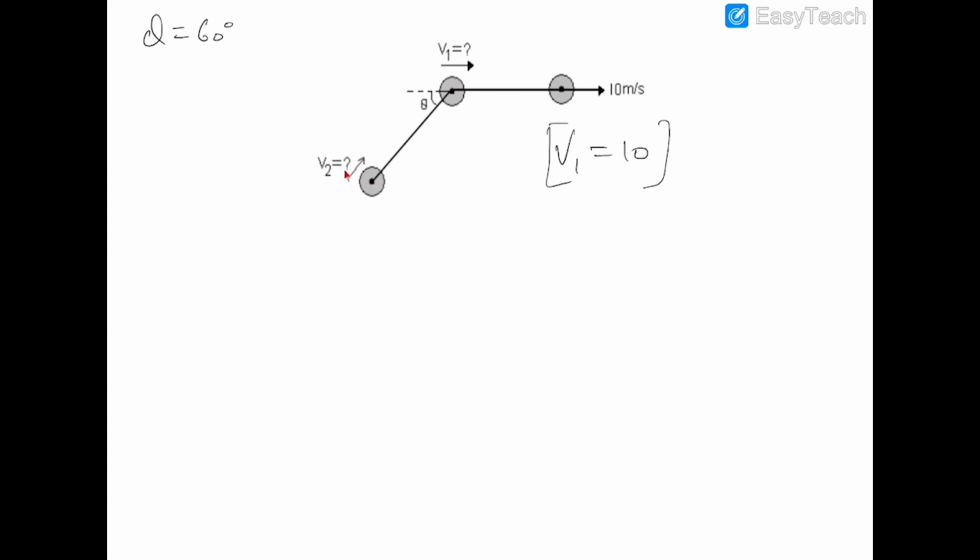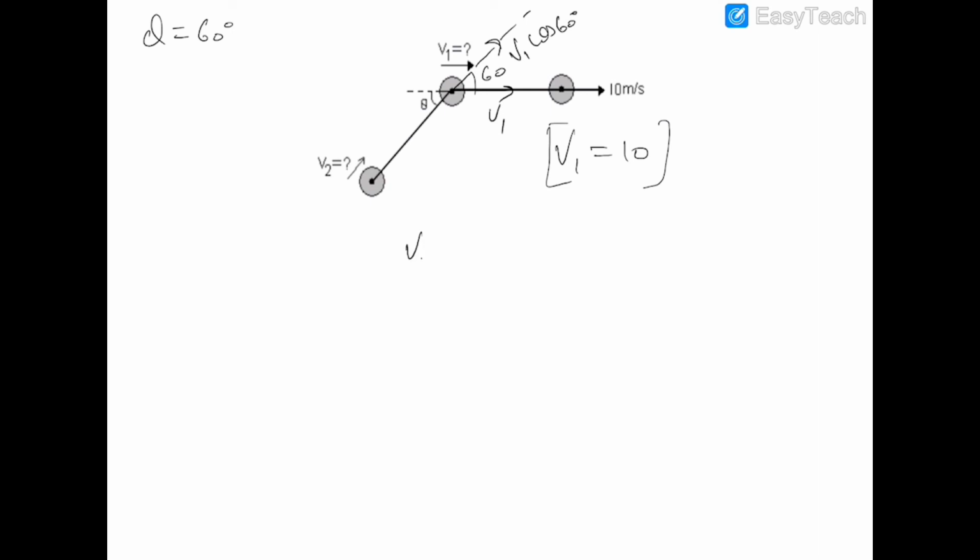Okay, now we have to find out v2, and the component of velocity of this ball along this rope is already v2. Now we have to resolve the component of v1 along the rope, and this angle is 60 degree and this is v1. So the component of v1 will be v1 cos 60 degree.